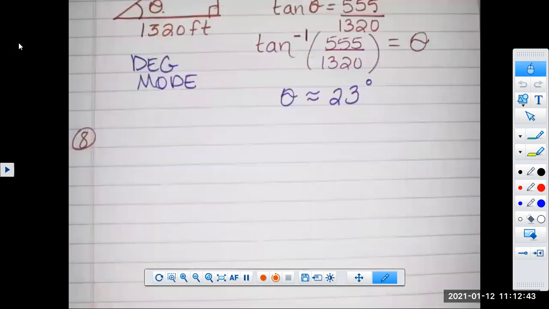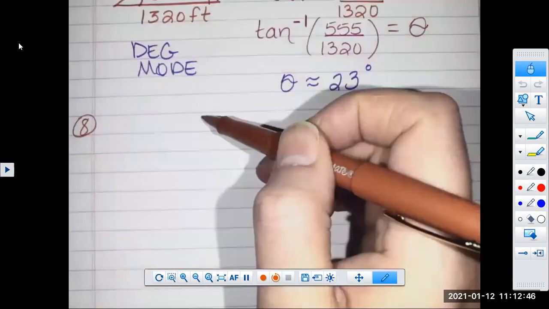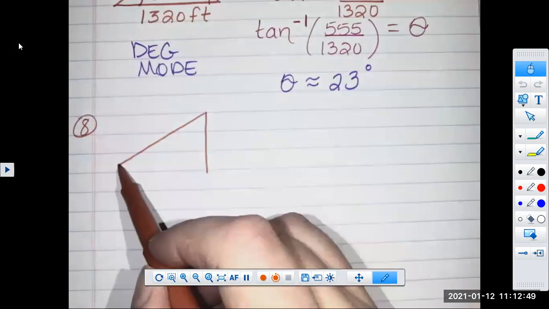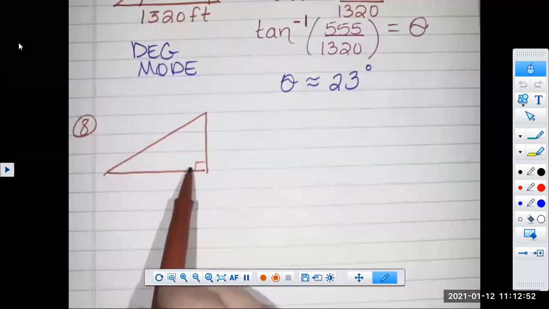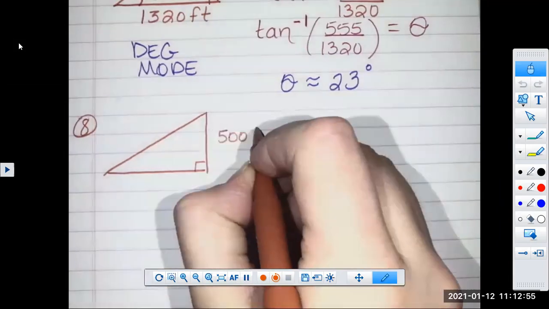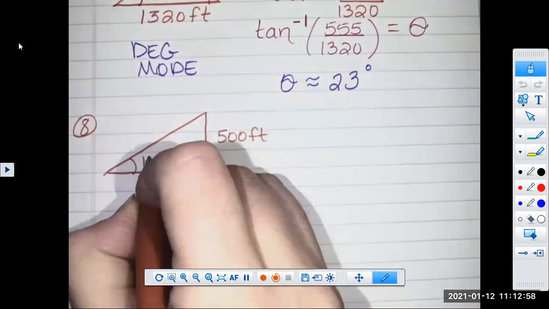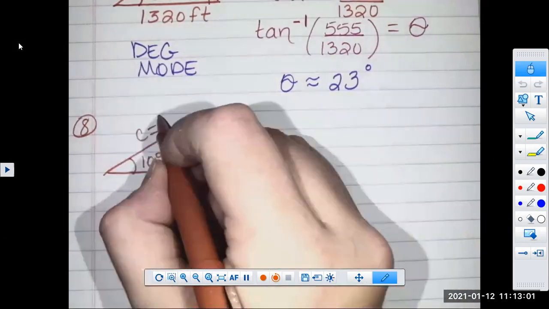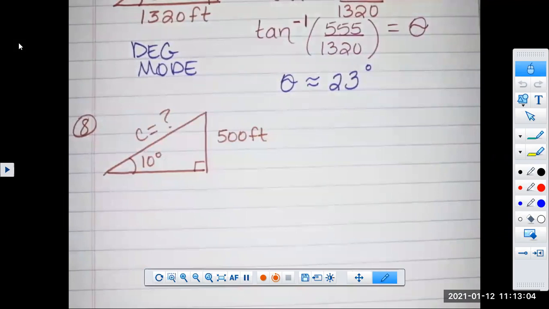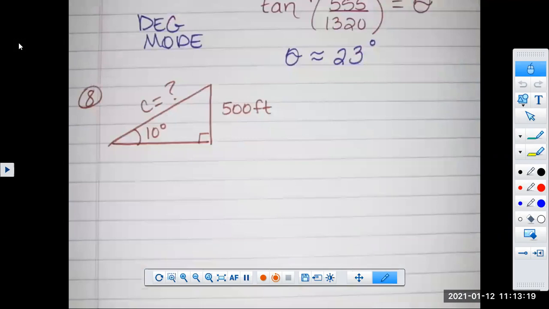All right, last problem. Okay, this setup deals with a plane that rises from takeoff and flies at an angle of 10 degrees with the horizontal runway.